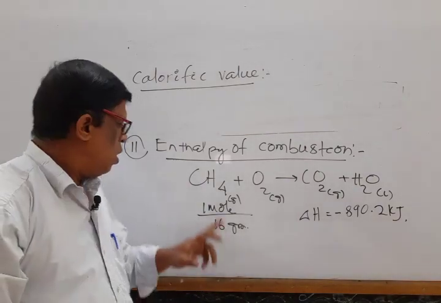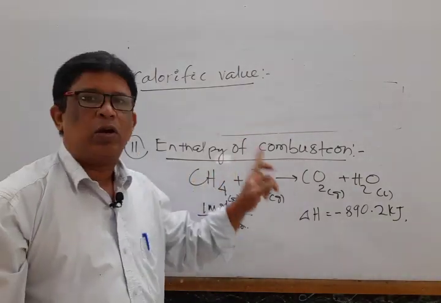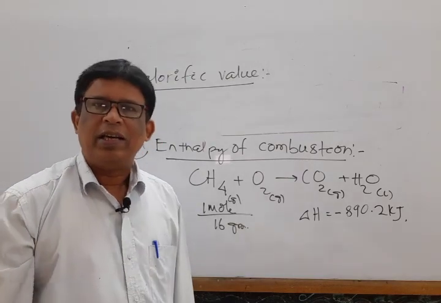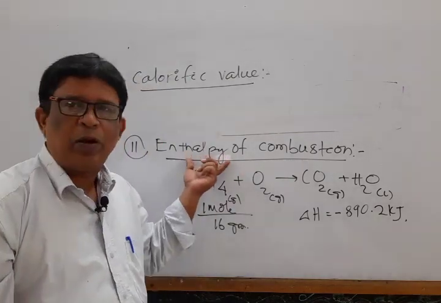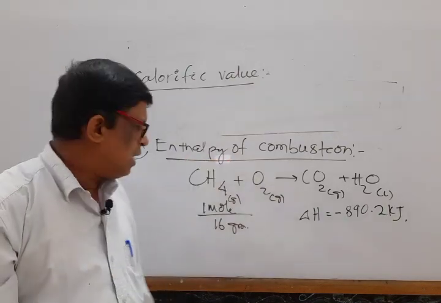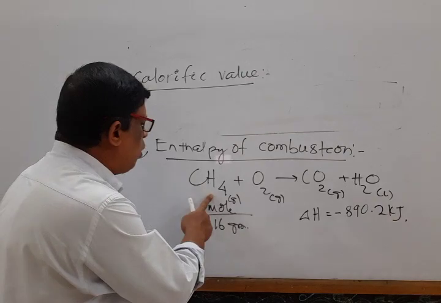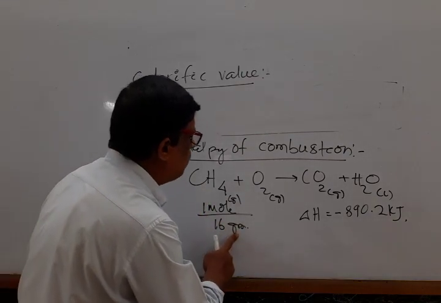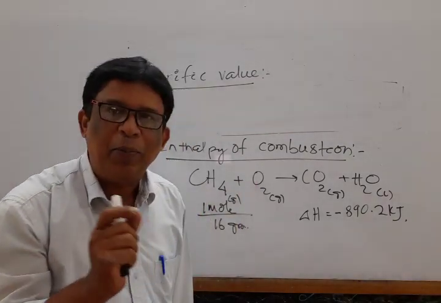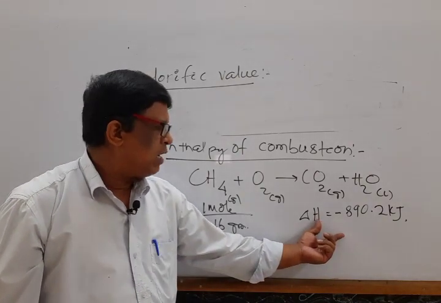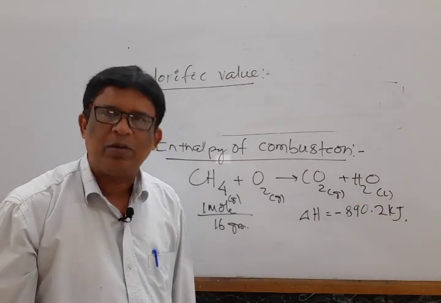I repeat again. When 1 mole of reactant undergoes complete combustion, the amount of heat evolved is known as its enthalpy of combustion. For example, from this equation, it is clear that 1 mole of methane, that means 16 gram of methane, when it undergoes complete combustion, the amount of heat evolved is 890.2 kilojoule.